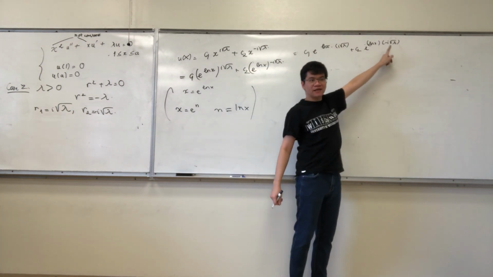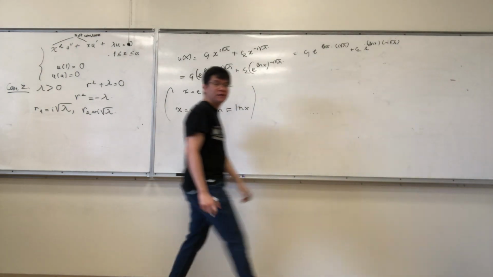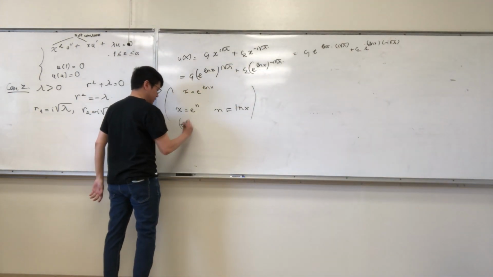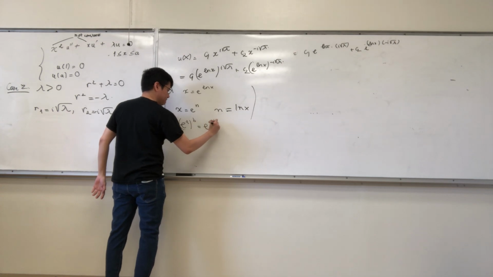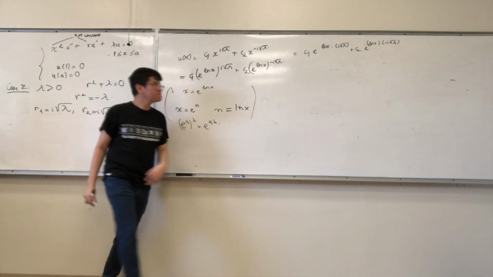And the other one is log x times minus i square root of lambda. So e to the A to the B will be e to the AB. This is what we use.